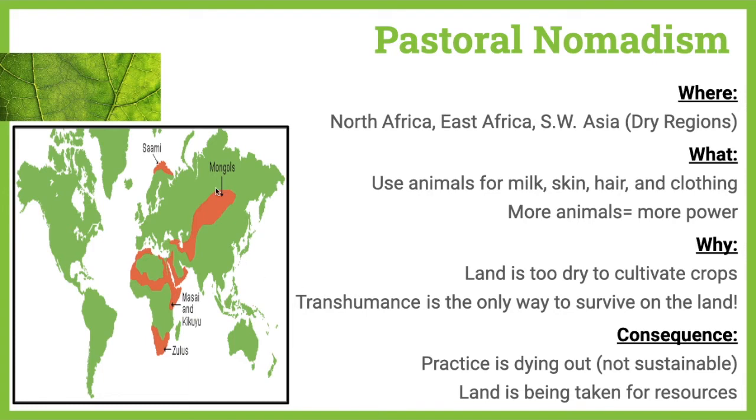So we tend to find pastoral nomadism in Central Asia, Southwest Asia, North Africa, around the Sahara, East Africa, a little bit along the Arabian Peninsula here as well, right? And then in South Africa and up in the northern reaches of Scandinavia.